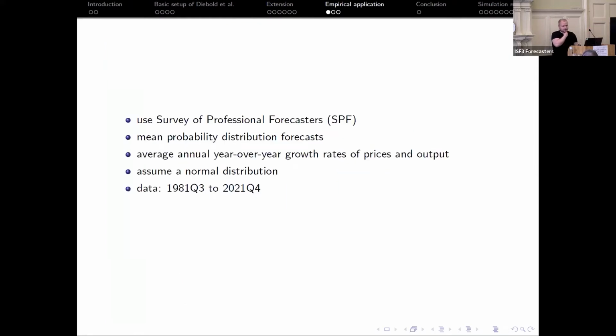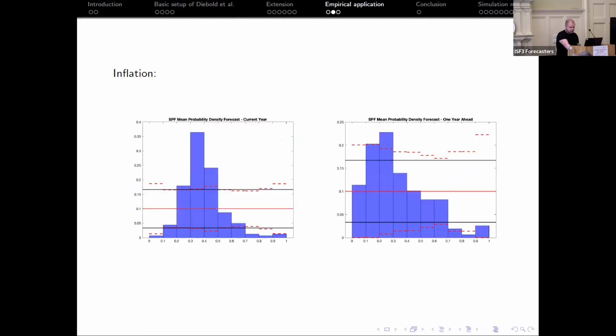Okay, so one short empirical application, we use SPF. And we are interested in the year-over-year growth rate of prices and output, so inflation. And we assume a normal distribution. So we basically fit to the mean probability distribution forecast a normal distribution, and we use data starting at 81 to do so.